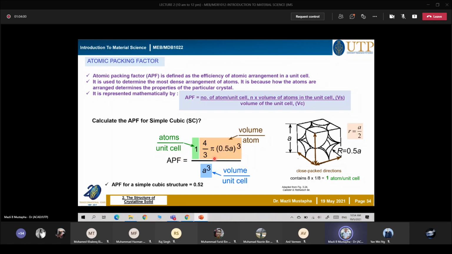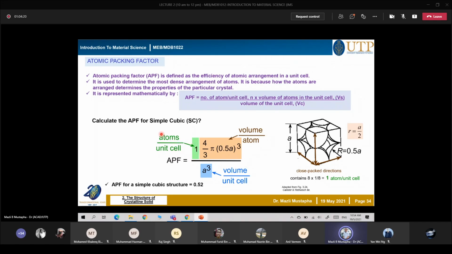So what is the mathematical relation for the APF? What is defined by APF in terms of mathematics? APF is given by the number of atoms per unit cell. We have learned how to calculate the number of atoms in the unit cell from the previous slide.